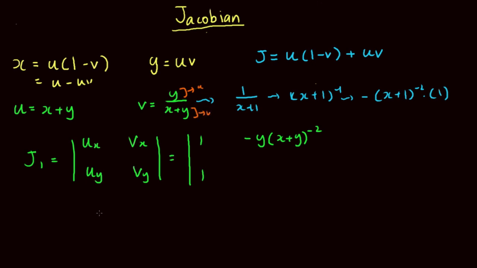So in this case, what we'll end up having is Vy would be (x plus y) times 1 minus y times 1, over (x plus y) squared.